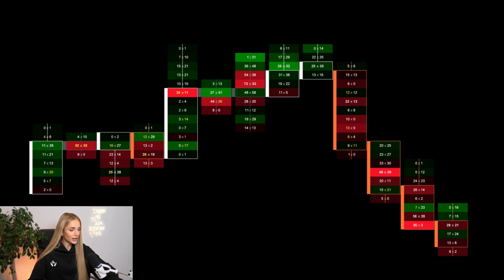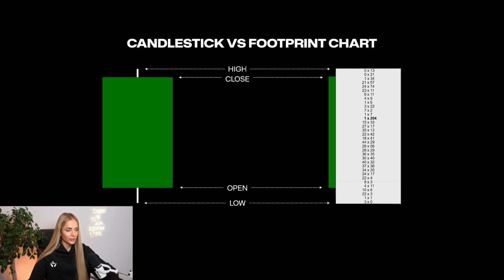Instead of simple candles, you see what are called footprints. Each footprint represents the same time period as a candle, so 5 minutes, 30 minutes, or whatever other time frame you are using. But instead of just showing open, high, low, and close, a footprint also shows you everything that happened inside that candle. Let's call it an X-ray of the candle.